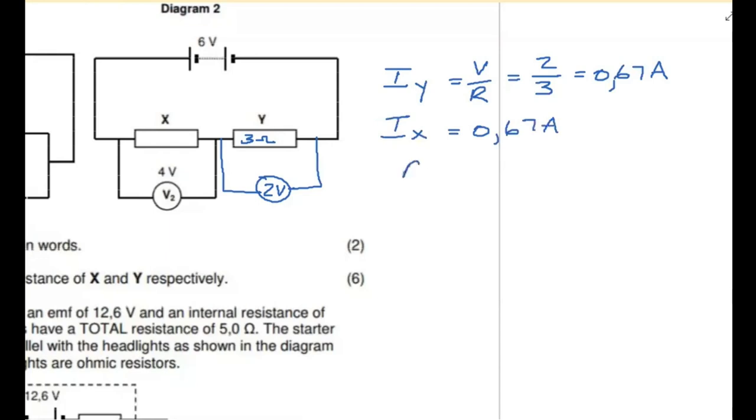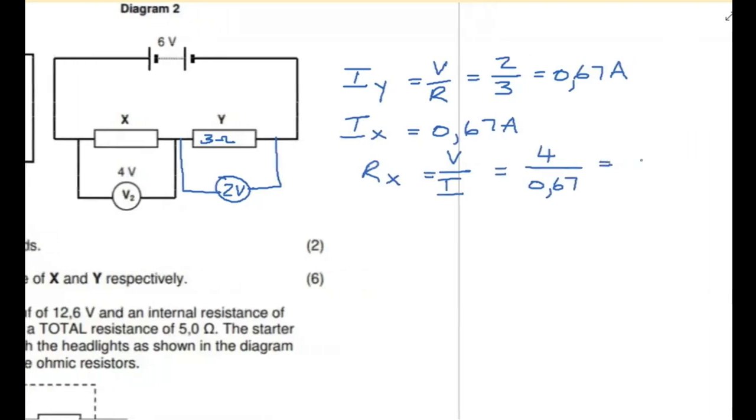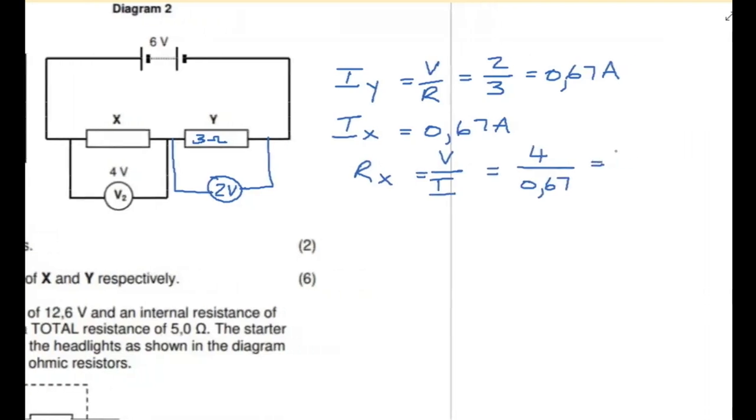And then lastly, I can say therefore the resistance of X is going to be V over I, and that's going to be 4 over 0.67. If I don't do a rounding answer, I think that comes to 6. It's going to be 4 over 2 over 3.